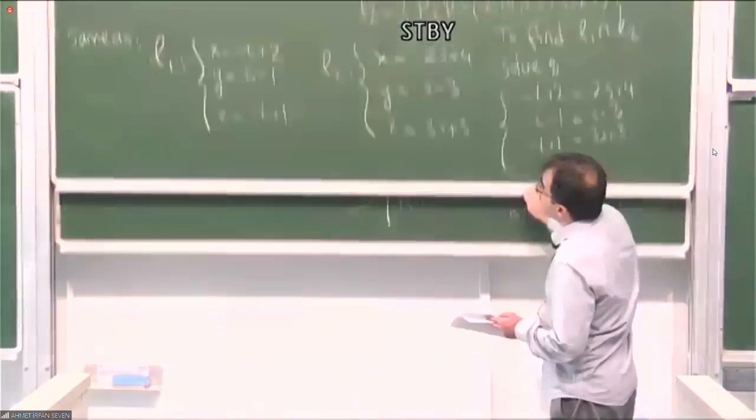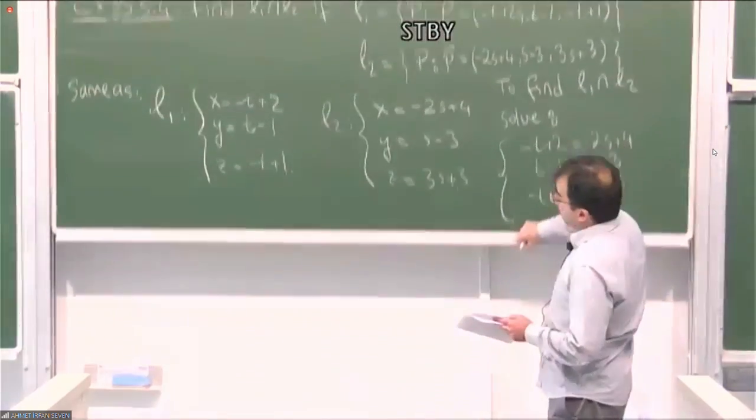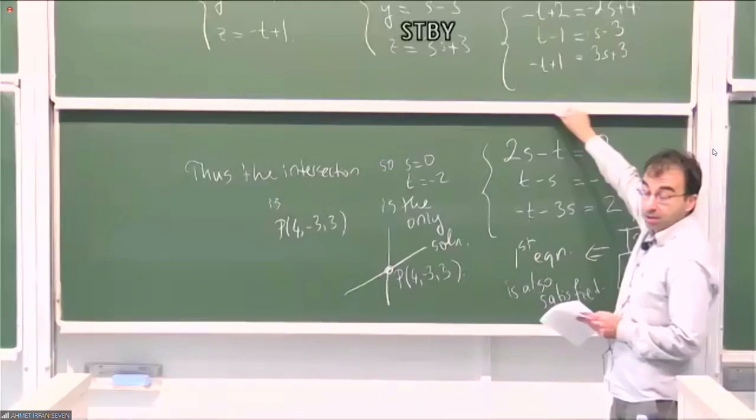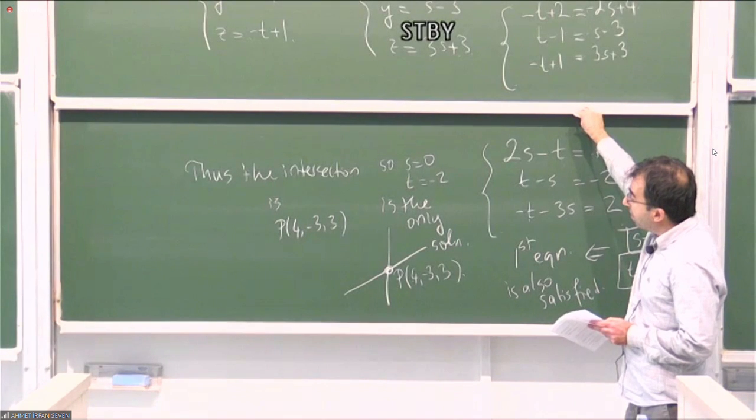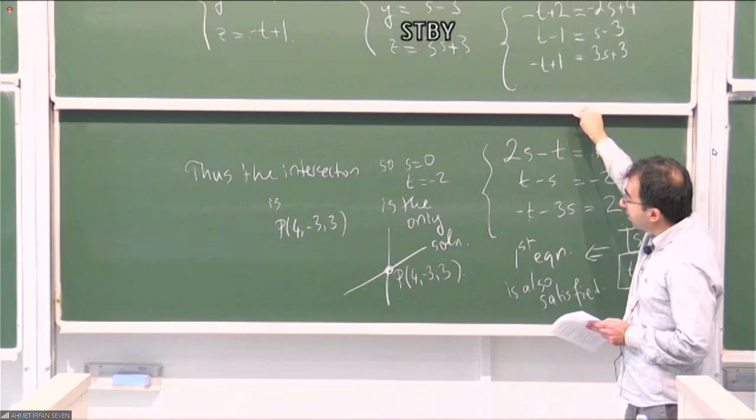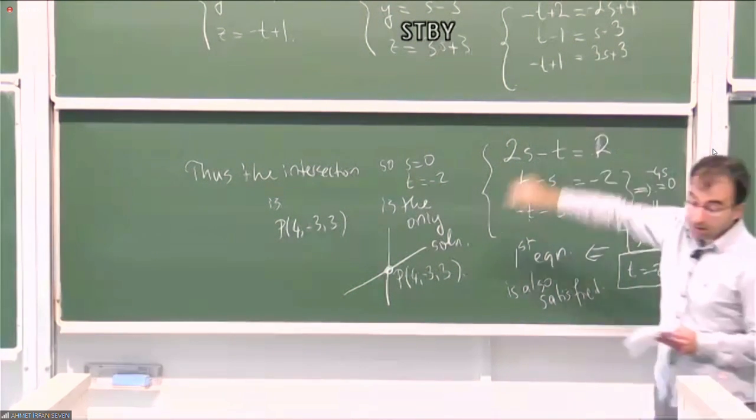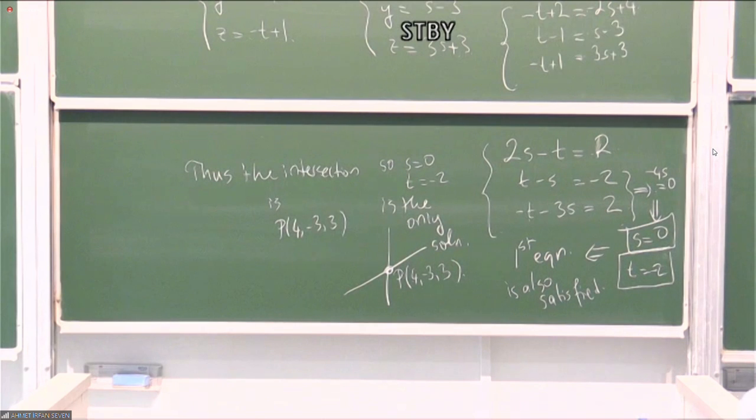Okay. Hocam, can I ask a question? Yes. Hocam, how do we find that intersection solution? Because we find s is equal to 0 and t is equal to minus 2. Yes. Is this correct?